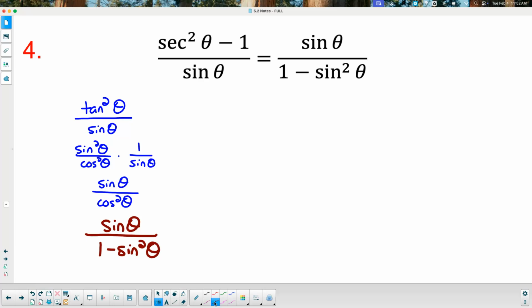If you worked right side, one minus sine squared of theta is cosine squared of theta.